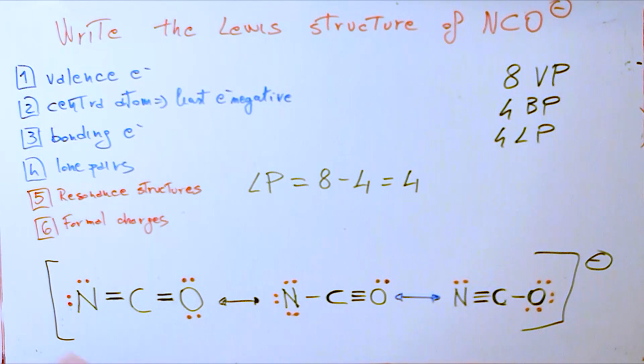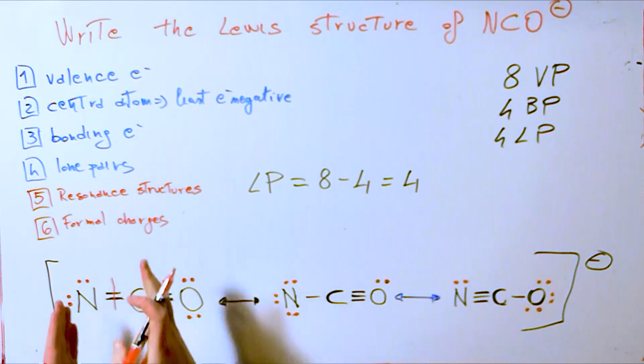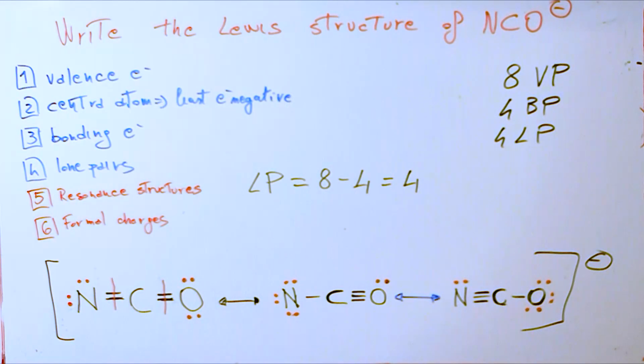So I take the bonds and I divide each bond in half. So now the contribution of this bond to each atom is no longer 2 electrons, because I have divided, but 1 electron per bond. So let's count how many electrons nitrogen has around itself. 2 plus this one is 3, 4, so 4 lone electrons plus 1 coming from this half bond and 1 from this half bond.